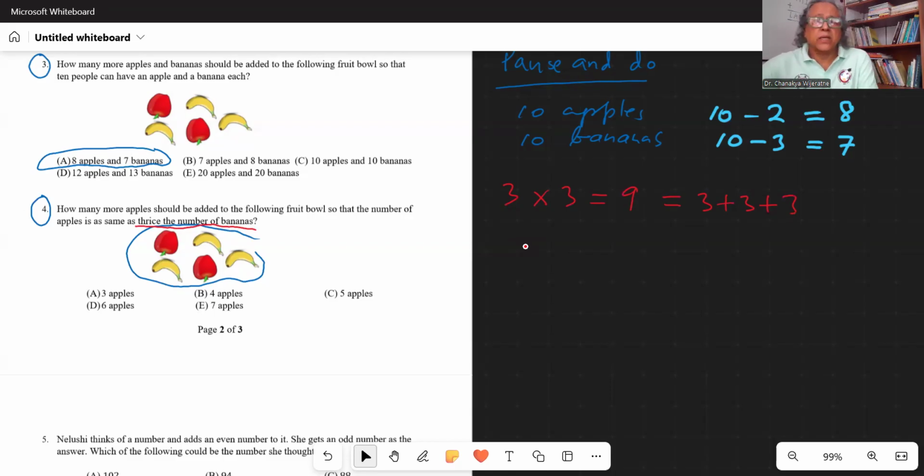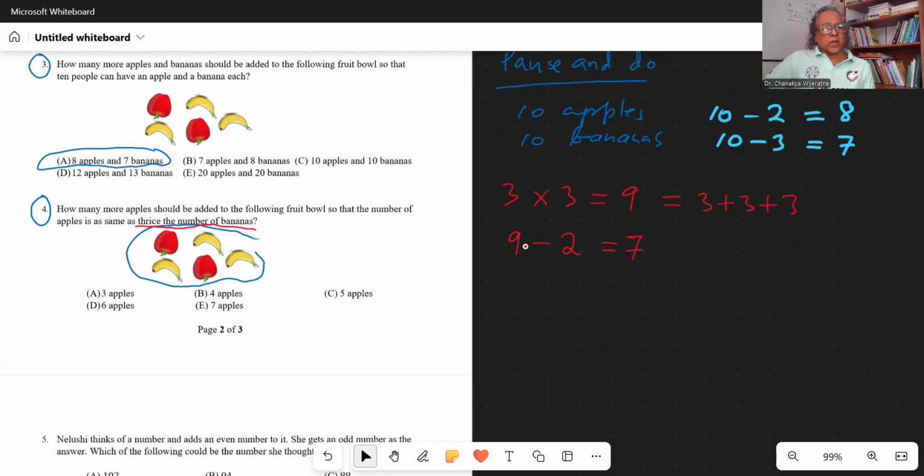Again, we need to do a subtraction to find out the number of apples that should be added, which is 9 minus 2, and that is 7. So if you add 7 apples to the fruit bowl, then the number of apples is thrice the number of bananas.